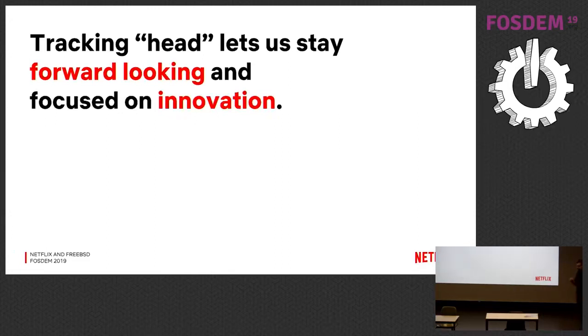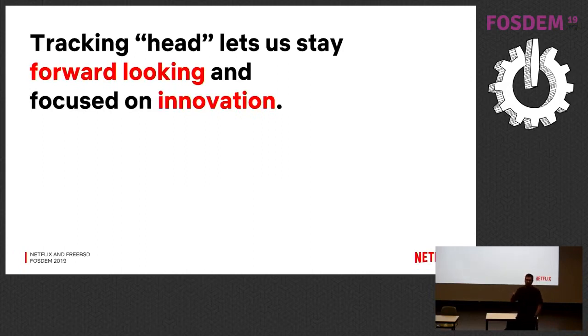The problem that you can run into when you are tracking the stable branches is that you continually have to deal with the problem of my code doesn't match what everyone else is developing on upstream. So when there are bug fixes or new features that you want, you have to figure out how to get them back into the code that you're actually running.